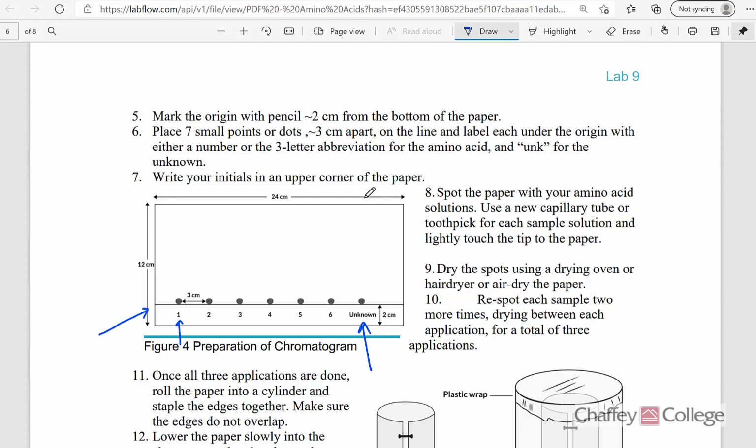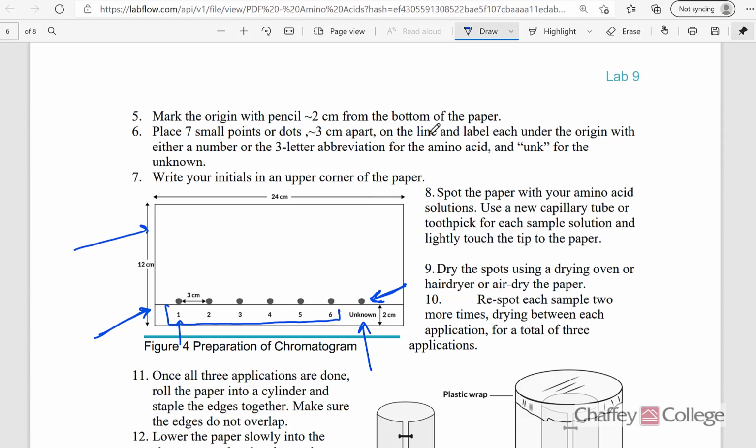When you put a droplet of amino acid solution, the solvent will evaporate eventually, and the amino acid will stay on the filter paper, and we say that the sample has been deposited. So we will deposit our 6 amino acids and the unknown. So 6 amino acids are deposited here and the unknown is deposited here. And remember, this square represents a filter paper.